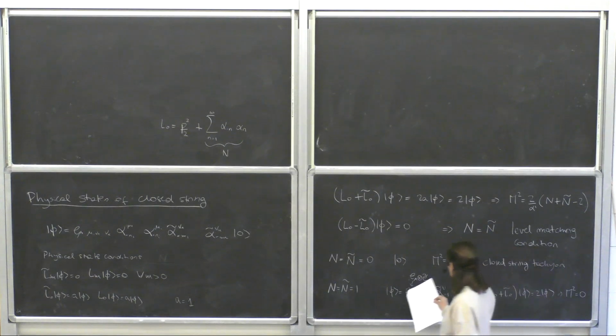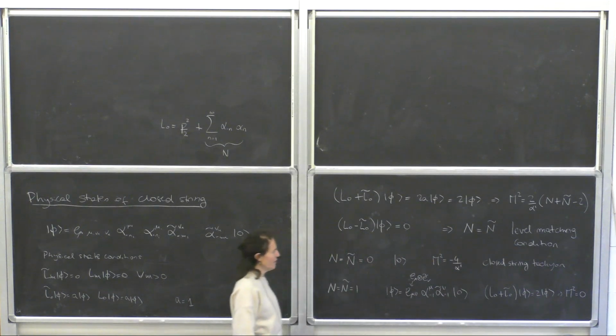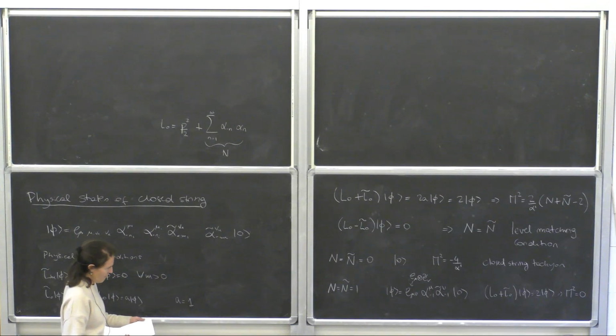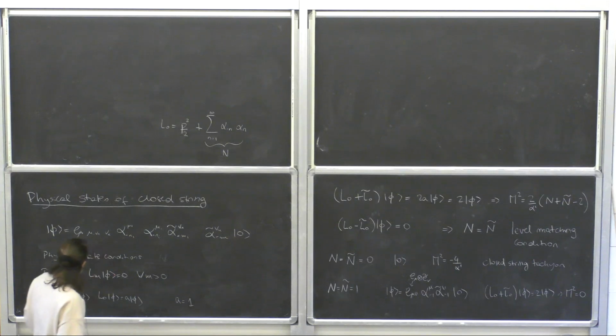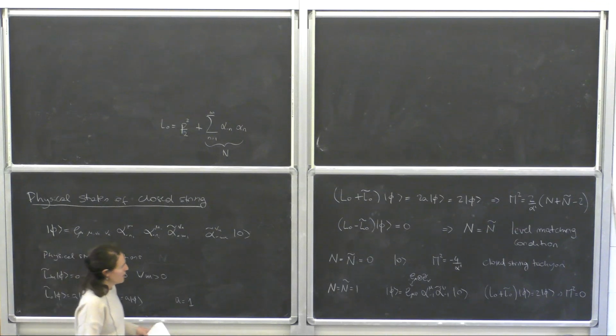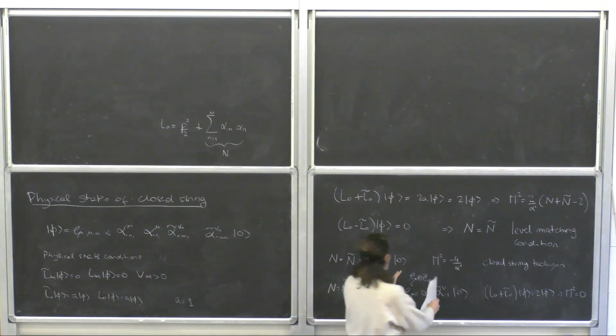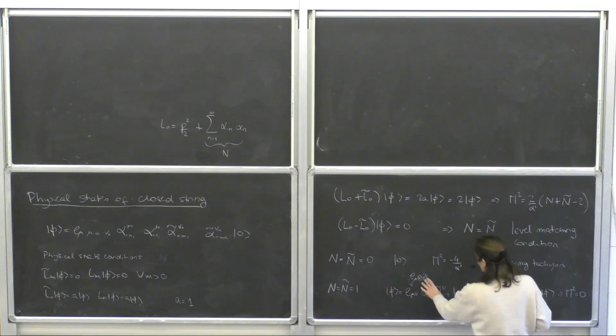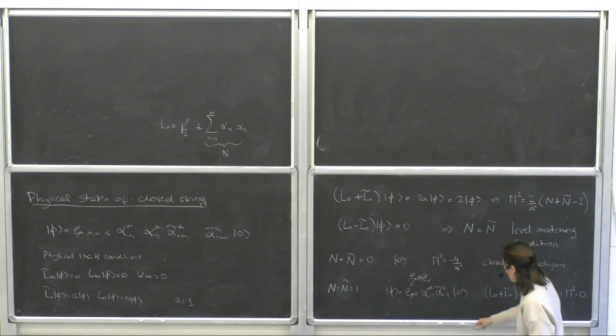So spin 2, massless particle, that's nice. And then from the Lm condition, the only one that is going to be non-trivial is L1, right? It's like a tensor product of the massless state for the open string on the left and the massless state for the open string on the right.